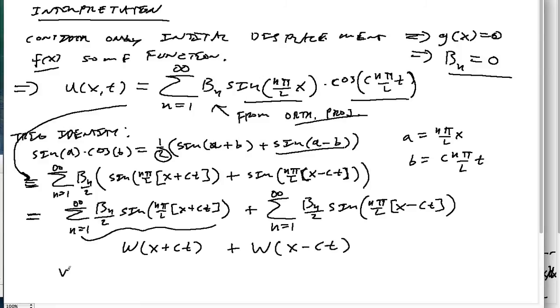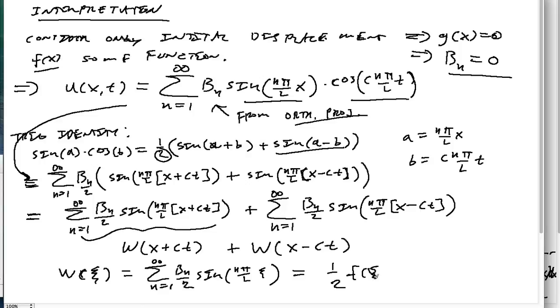And notice that this w function, I'm going to use a fancy parameter that I'll just call c, and that's going to be equal to this Fourier series, whatever it is, bn over 2, a sine series of n pi over L times c. And of course, this is exactly 1/2 f of c, our standard initial condition.